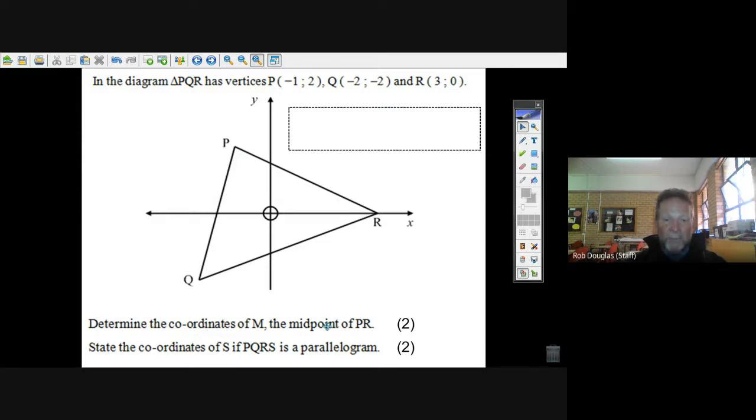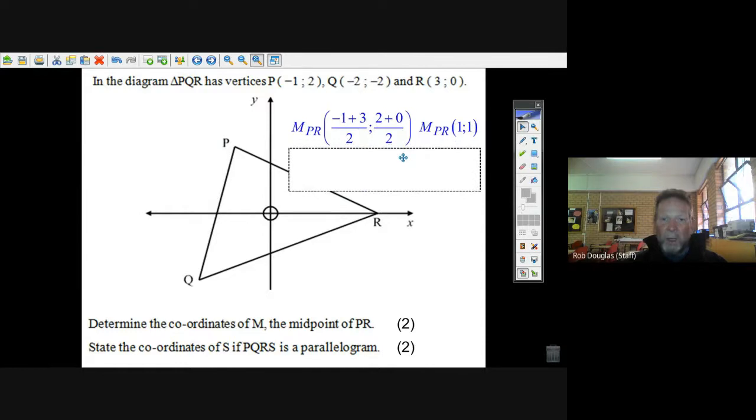The coordinates of the midpoint of PR, we're going to need it for another question. Well, there's PR. If you want to find the middle of any two things, you add them and divide by 2. That's an average. So there's your P, there's your R. All we do is go for the X values, minus 1 plus 3 over 2. For the Y values, 2 plus 0 over 2.